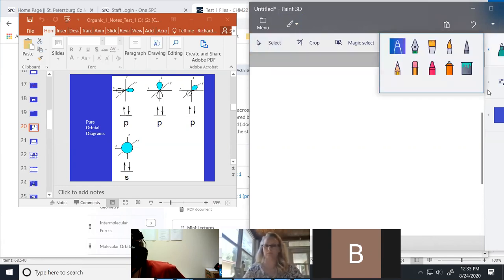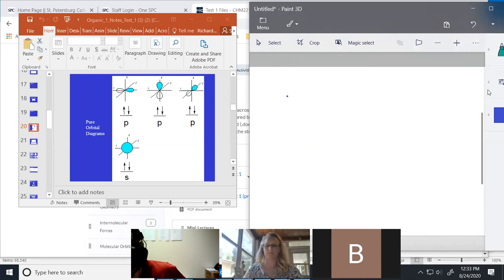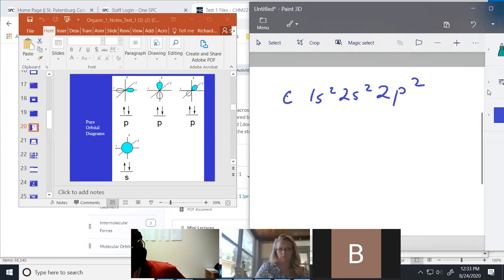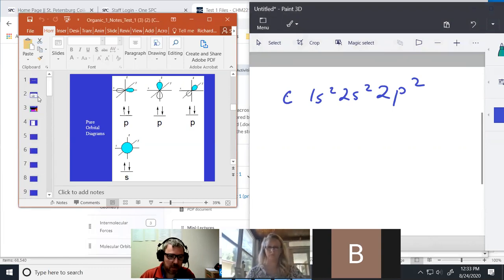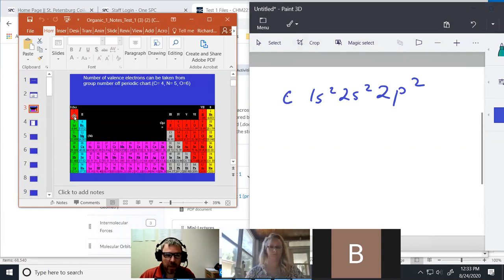Okay. So if you remember something like carbon, for example, it's 1s2, 2s2, 2p2. And the way we get that is we look at the periodic table. You've got 1s2, don't worry about the hydrogen helium, it's just mentioned twice. 1s2, then 2s2 for these guys here, and then 2p2 over here.